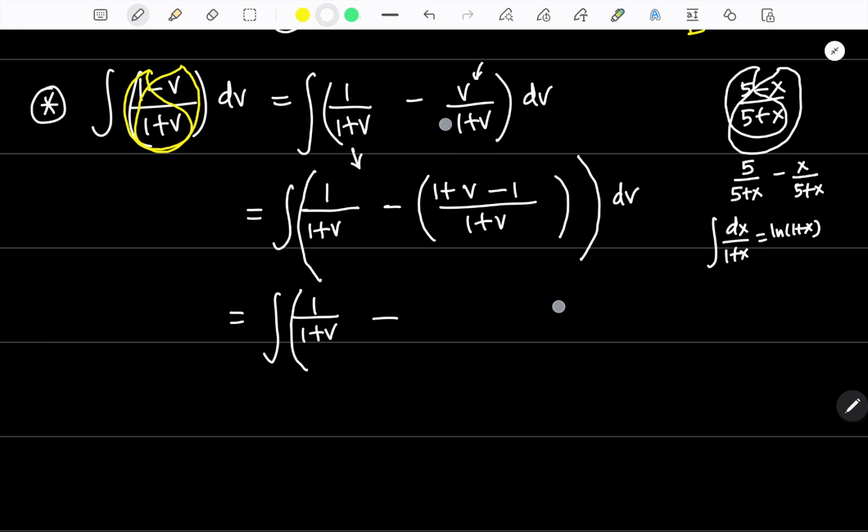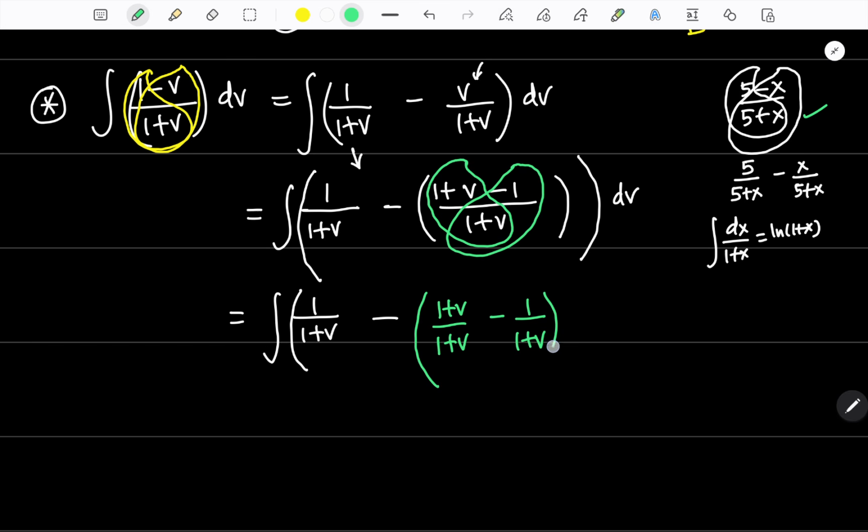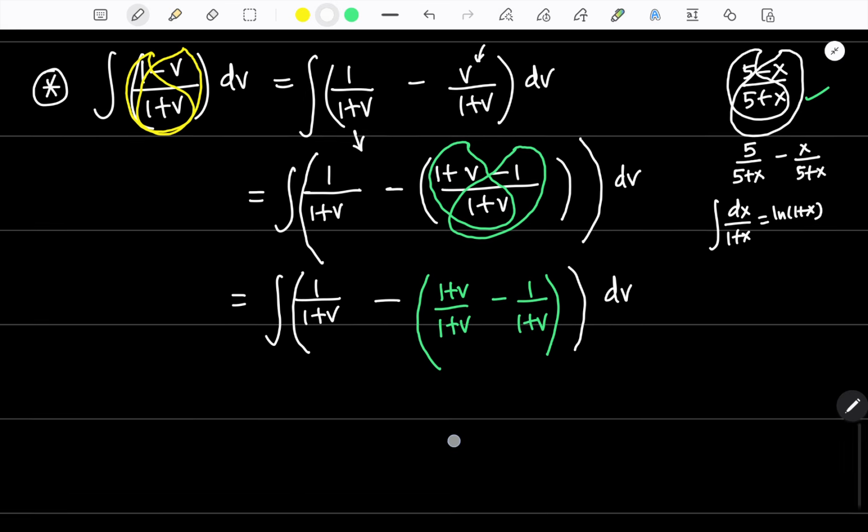Now the same steps I did here I'm going to apply. So 1 plus v divided by this one, and minus 1 divided by 1 plus v. So what happens now? Open a bracket, 1 plus v divided by 1 plus v minus 1 divided by 1 plus v, close the brackets, into dv.